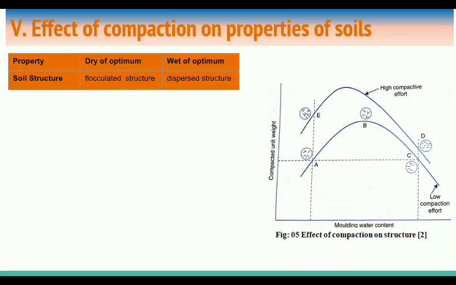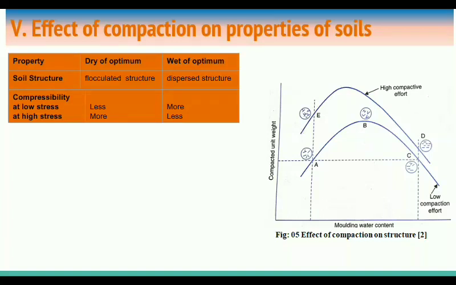If we compare the same water content with different compacting effort, point A and point E have the same water content but different dry density, because at point E the flocculated structure is more oriented due to the higher compacting effort compared to point A.